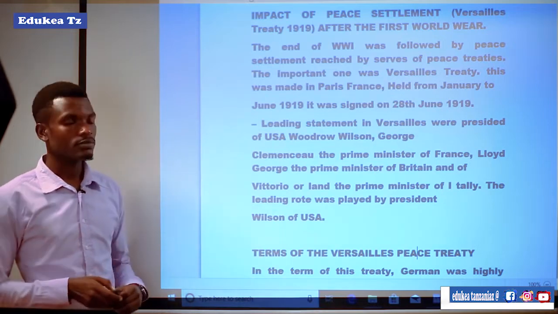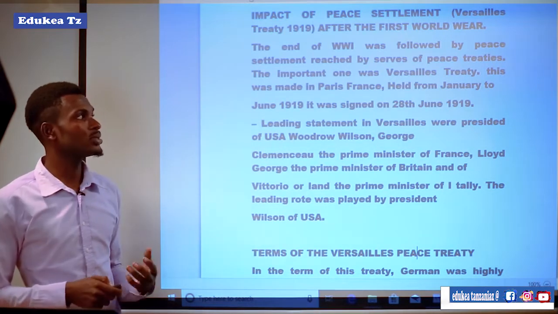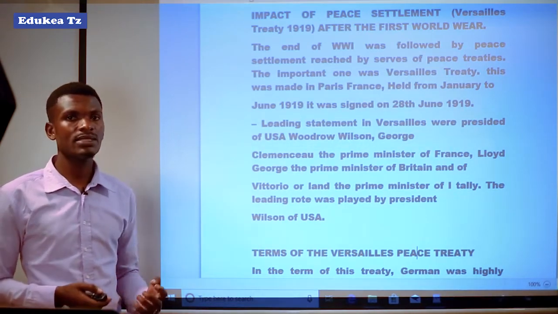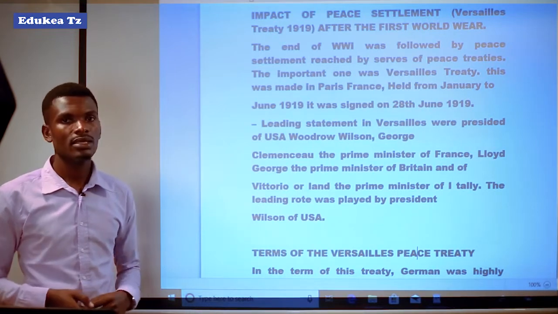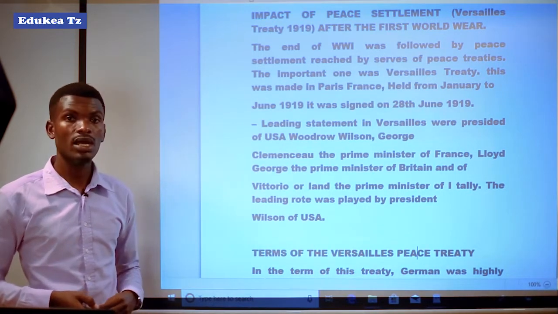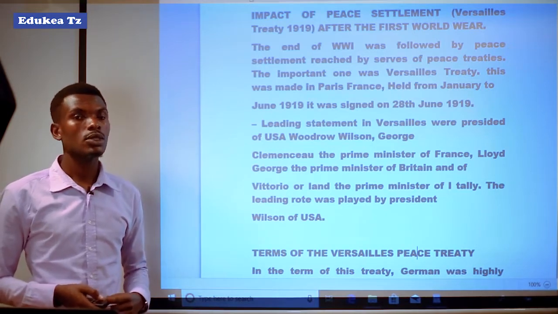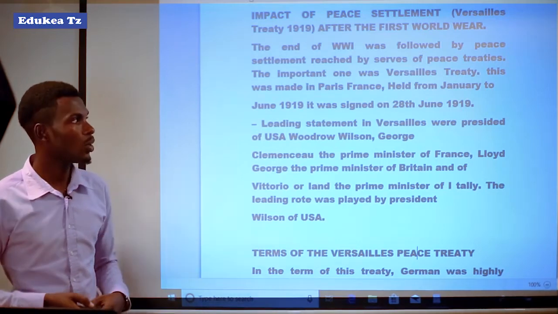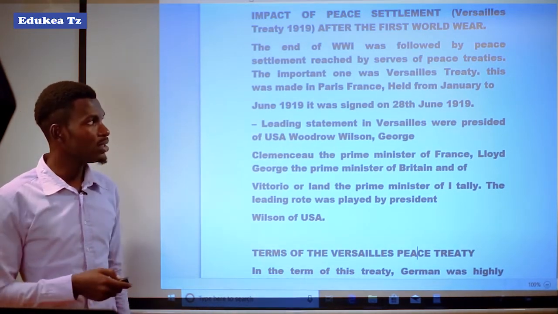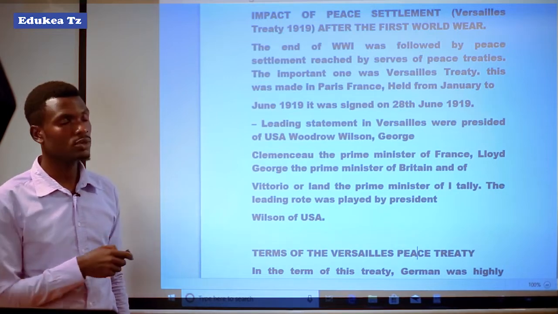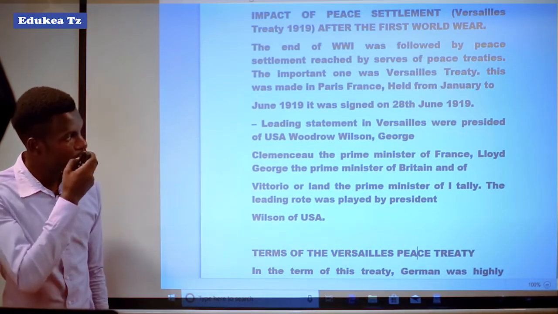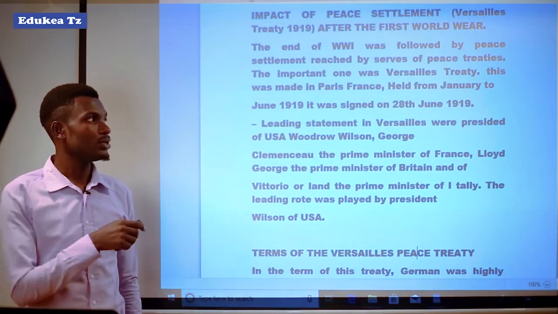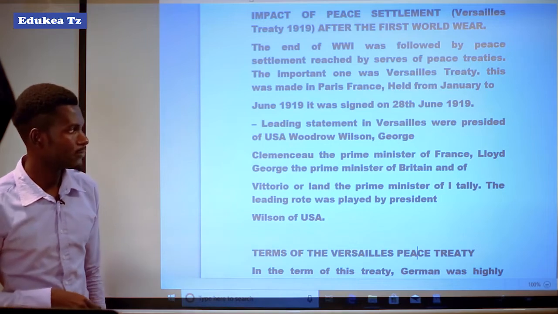It means that the Versailles Peace Treaty was held in Paris, France, with the aim of maintaining world peace and security after the First World War, to ensure there would be no other world war.